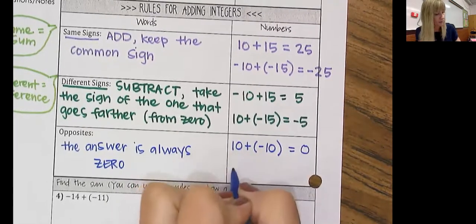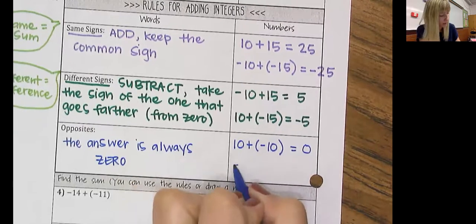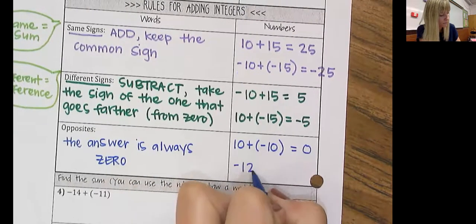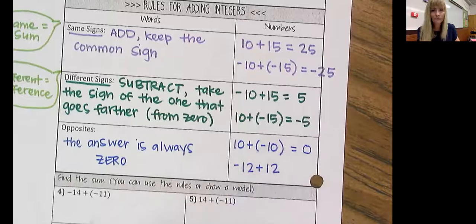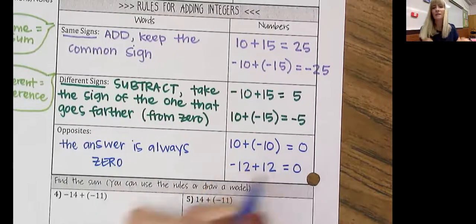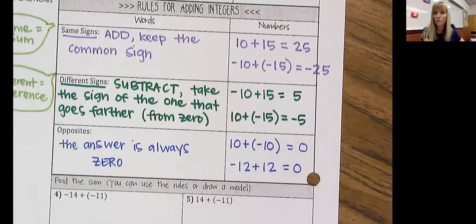I could do, if I make the negative first, that's okay too. I could do negative 12 plus 12. And those are still considered opposites because if I asked you which one's farther from 0, well, neither. They're the same distance from 0.